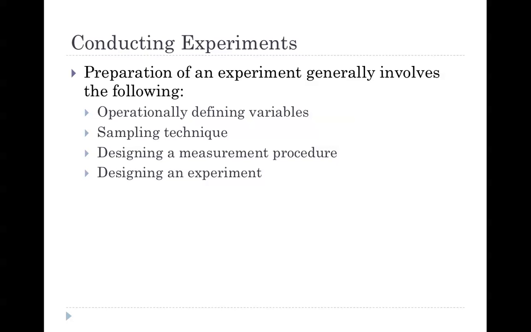Are we using a probability or non-probability? Designing a measurement procedure. Now this deals with a lot of stuff we went over in Chapter 5 related to construct validity and reliabilities of our measures. And then lastly, designing the actual experiment really relates to a lot of stuff in Chapter 8, the types of designs, dealing with their independent and dependent variable.